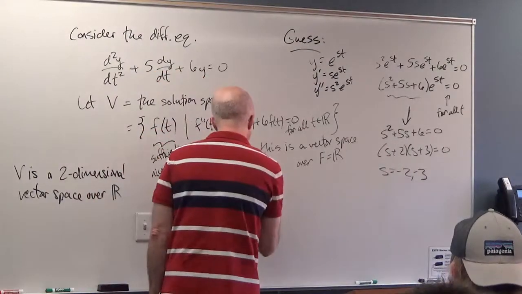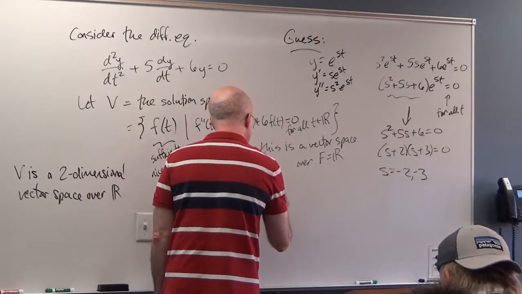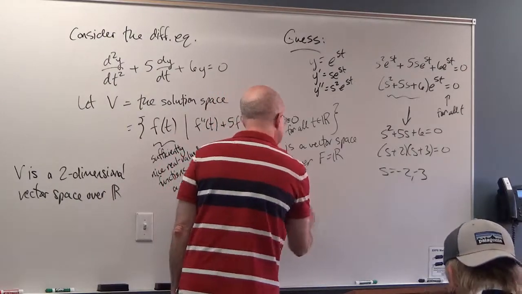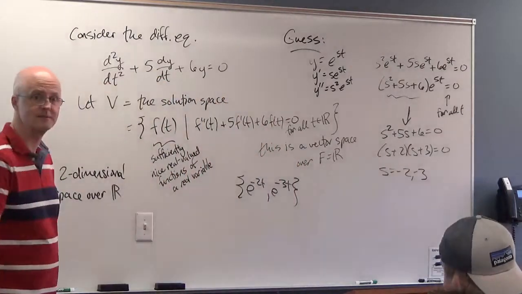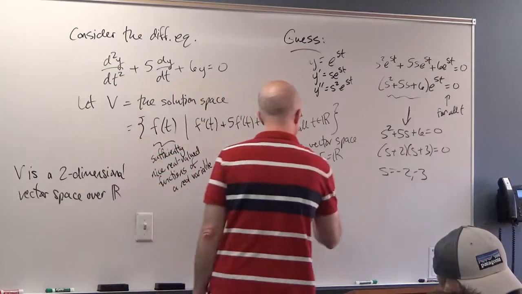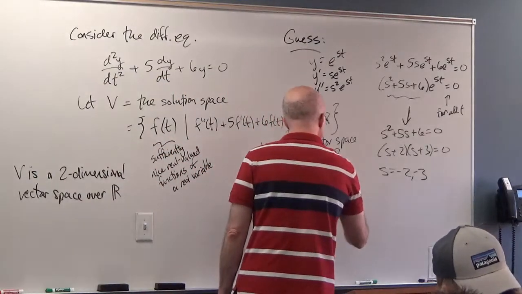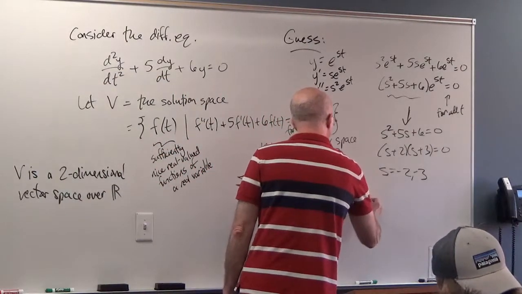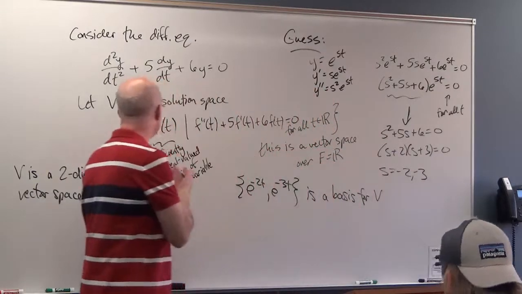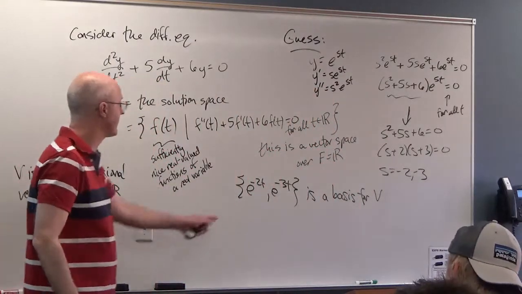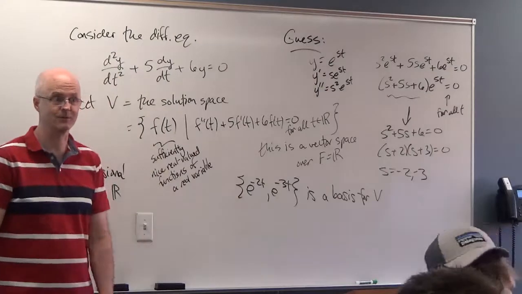In fact, the set consisting of those two functions is a basis for this vector space. This is a basis for V because everything in V, every solution, can be written as a linear combination of those two things.